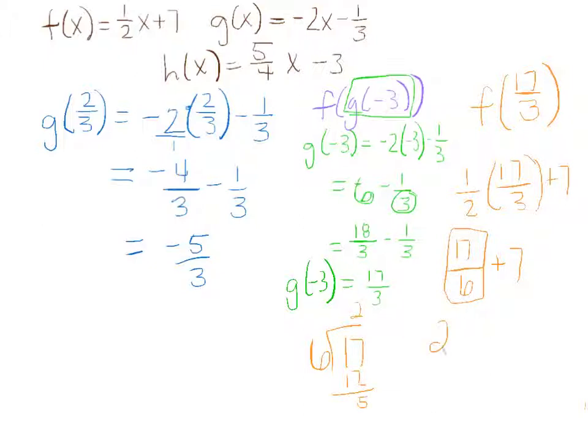So this is really equal to 2 and 5/6 plus 7. So that's going to be 9 and 5/6. So 9 and 5/6 is equal to f of g of -3.